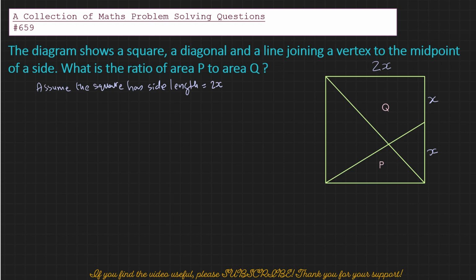You see the other problem: we've got the 2x side length, but then we have these triangles that we need to find the area of.